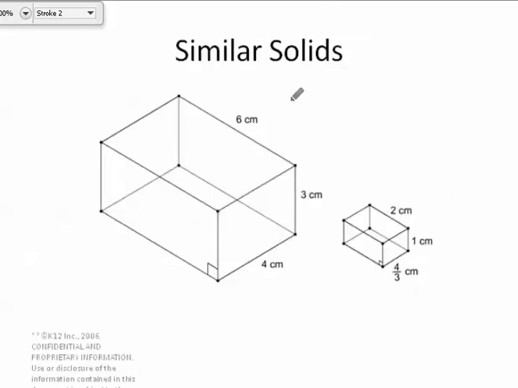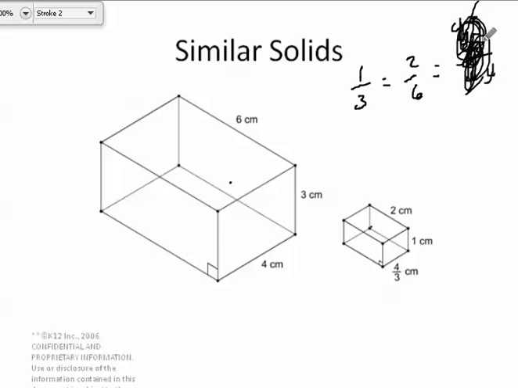Okay? Well, what about similar objects? You know what? If I say that this rectangular prism is similar to this rectangular prism, that means that I should be able to do 1 divided by 3, and that should be equal to 2 divided by 6, and that should be equal to 4 thirds divided by 4.